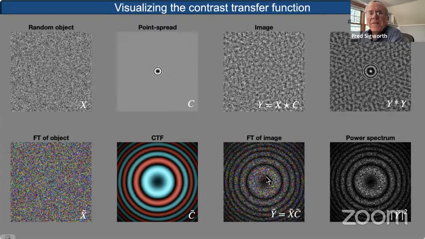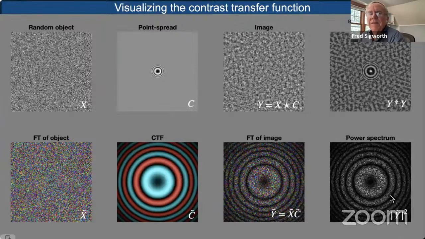Now, there's one other thing you can do, which is instead of actually looking at the Fourier transform, this y tilde, we compute the magnitude squared of the y tilde, and so that gets rid of all the colors. This is the image that you see on the computer for your electron microscope that shows these dark tone rings, and gives you an idea of what the CTF looks like.